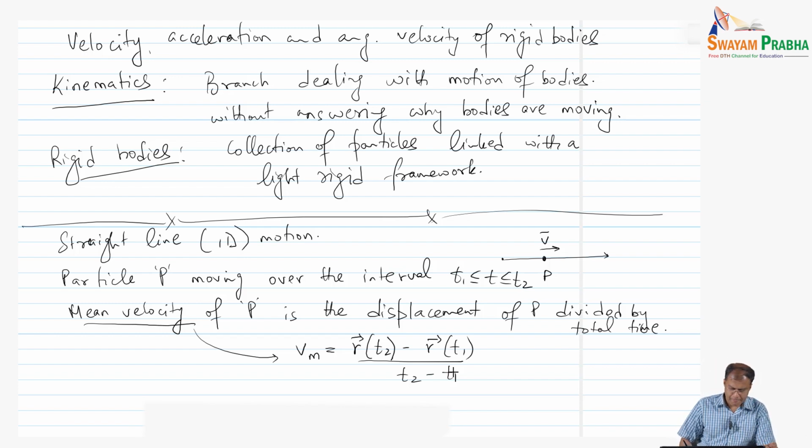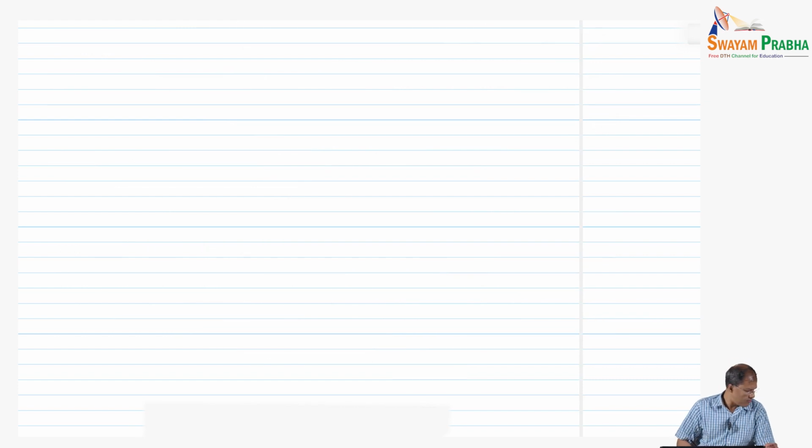Okay. So let's continue our discussion here. We have started with the discussion on mean velocity. Similarly, we can discuss the concept of instantaneous velocity. Instantaneous velocity can be obtained from the mean velocity by taking the limit of the ratio where that interval of time is approaching 0.